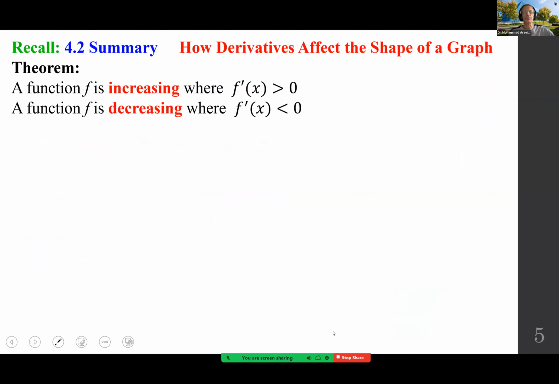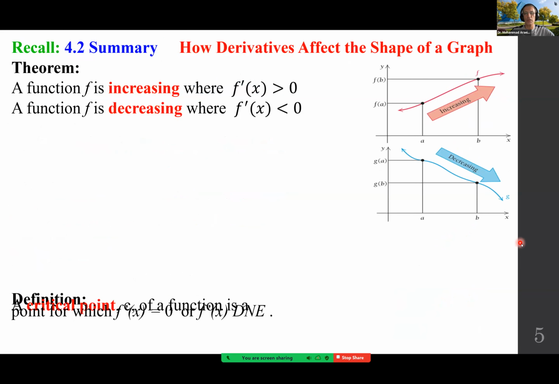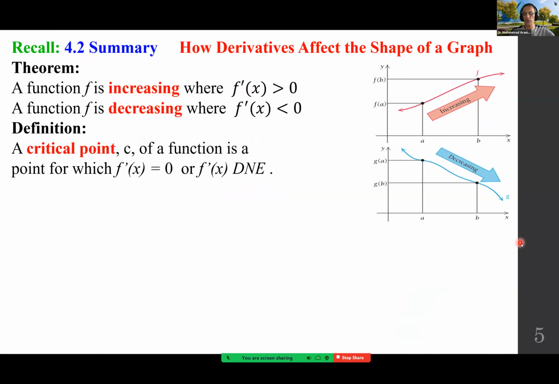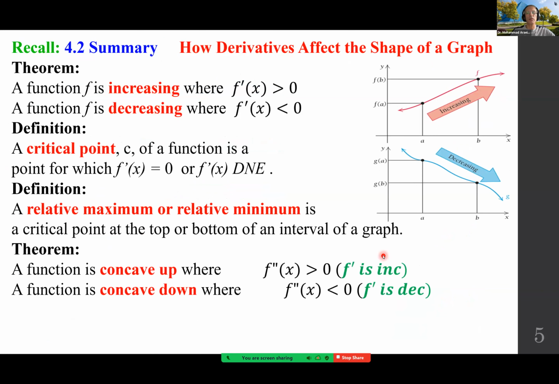The summary of curve sketching, as you know, a function is increasing when f prime is positive, decreasing when it's negative. A critical point is where f prime is 0 or doesn't exist. A relative extremum happens at the bottom or the top of an interval. A function is concave up where f double prime is positive and concave down when it's negative. Concave up can hold water, and f prime is increasing.